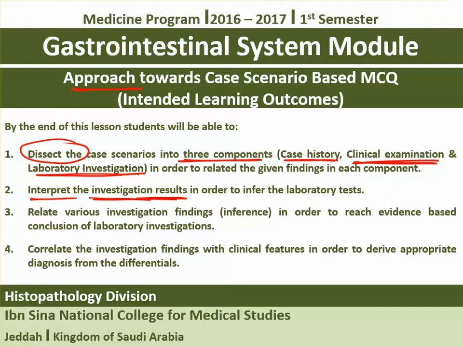For that you should basically know the normal values of the most commonly used investigation parameters. This is a skill you have to develop in the module called Professional Skills 2, which I hope you will get in the third year, second semester. Understand? So during that module, don't waste your time.